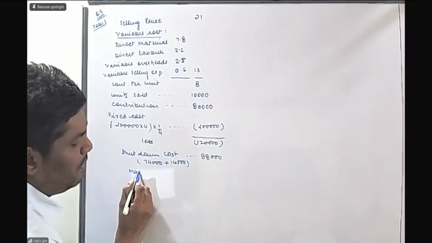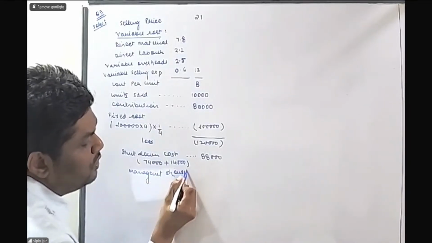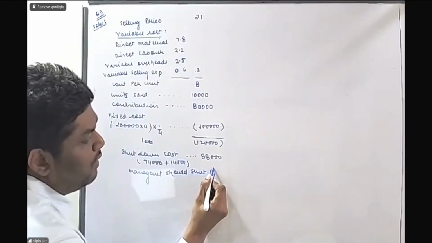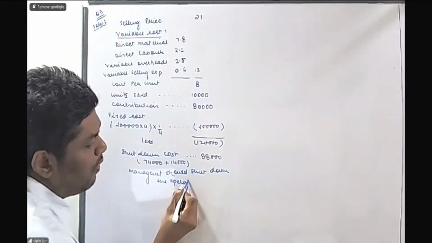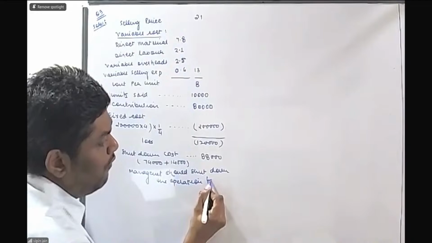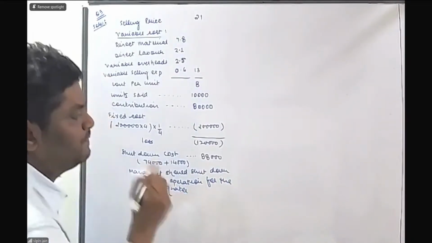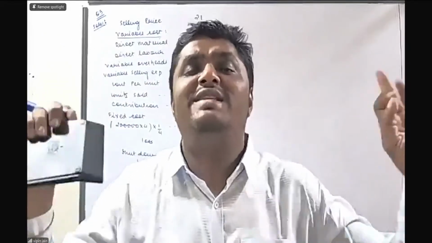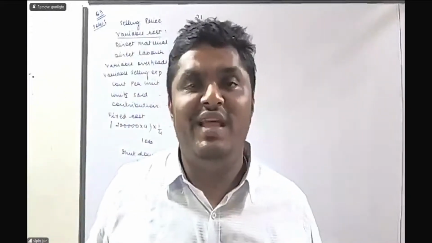So management should shut down the operation for the quarter. Because 88,000 is much better than 1,20,000. So better we should shut down.